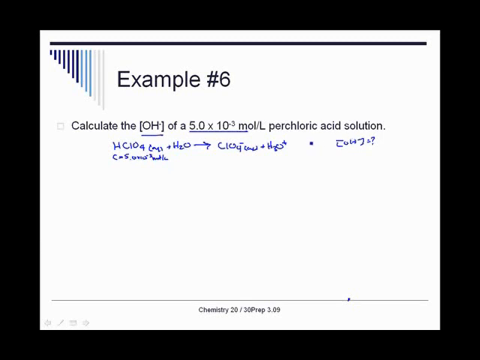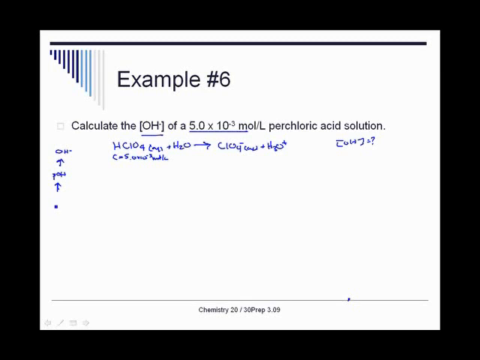The problem is there aren't any hydroxide ions in my equation. So we have to figure out how we can relate the two. And here's how we're going to do it. In order to get our concentration of hydroxide, we could get that from a pOH.